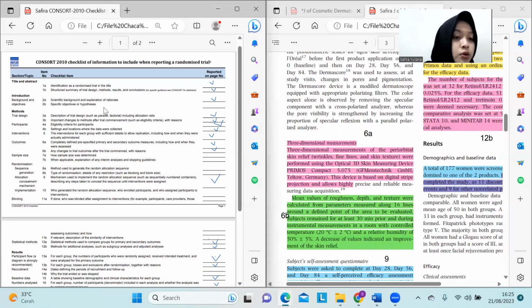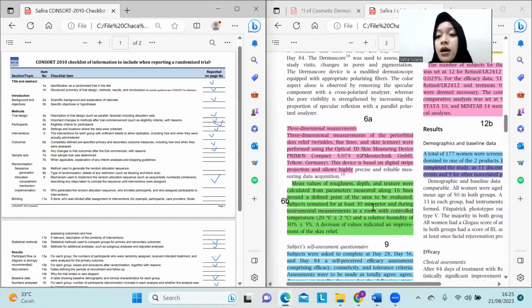And next, we move to number 6B, which is any change to trial outcomes after the trial commenced, with a reason. The mean values of roughness, depth, and texture were calculated from the parameters measured along 16 lines around the defined point of the area to be evaluated.